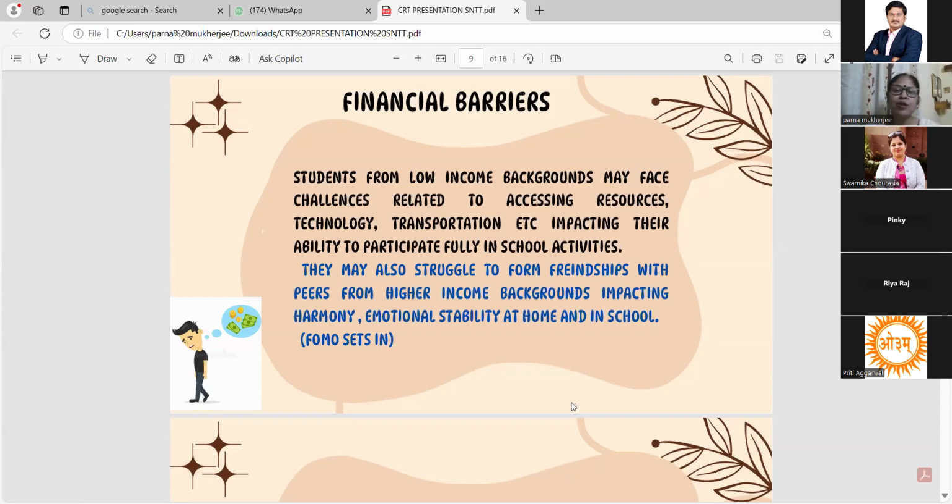So there comes in his emotional instability. And if the child is not an understanding child, if he is not able to relate to his parents' conditions, he might be forcing his parents to give money. So that brings about an instability in school. And his mental and emotional instability will impact harmony in the family, among the friends, and in the school.